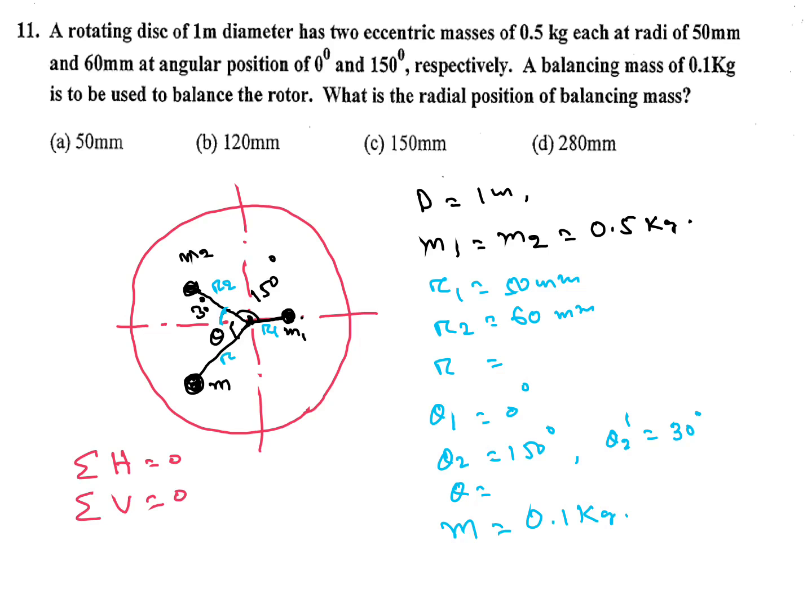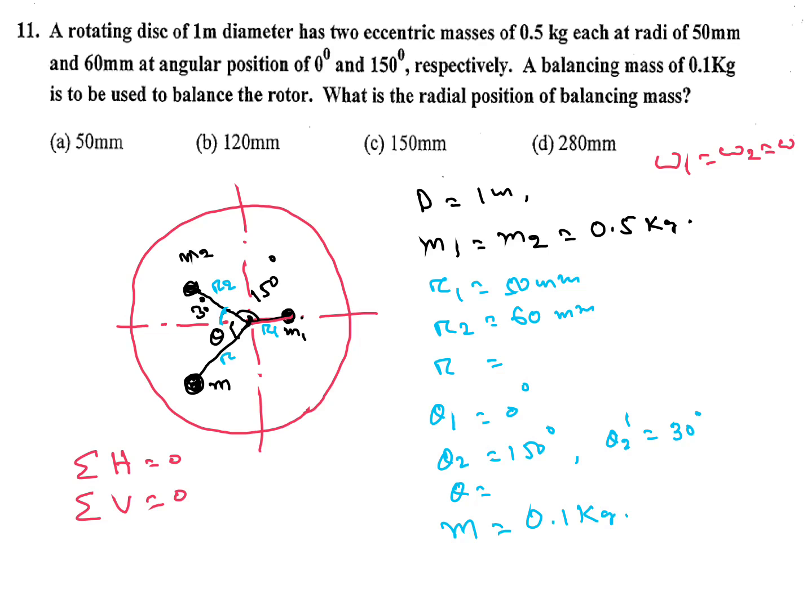So here for horizontal, this is for M1 mass, it's M1 R1 omega 1 square. And one more thing, angular velocities are the same, so omega 2 equal to omega. M1 R1 omega 1 square is positive, and on this side M2 will come as negative.